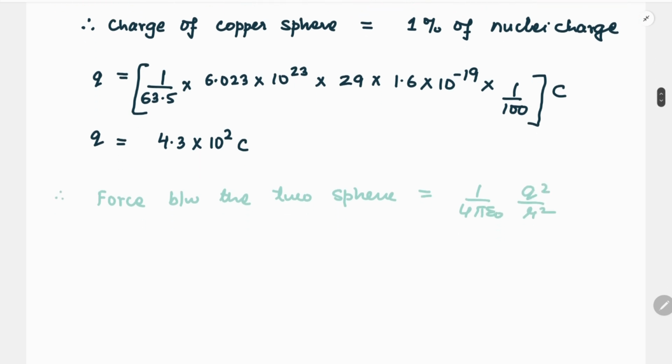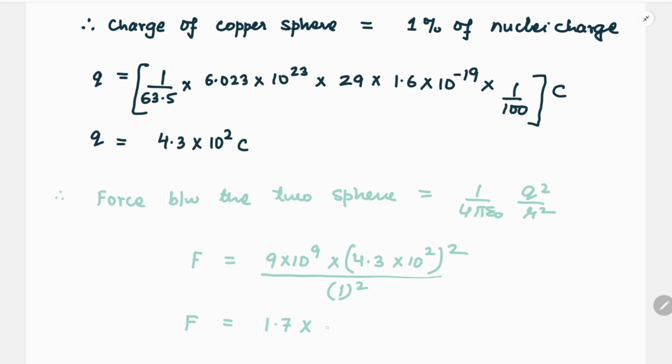So if we substitute the values, the force of interaction is 9 into 10 to the power 9, charge squared, 4.3 into 10 to the power 2 squared, and the distance between them being equal to 1 meter, so 1 square. So on substituting the values and calculating, we get a value equal to 1.7 into 10 to the power 15 Newton. So it is quite a strong value of force that we are getting, which we can write as 2 into 10 to the power 15 Newton as per significant figures. So this is the final answer to this problem that we have.